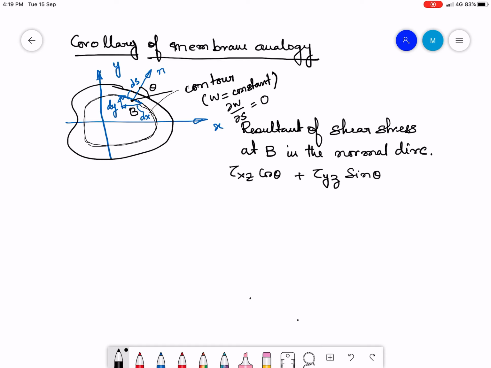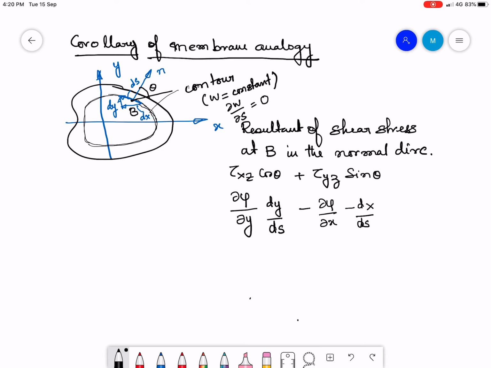So, what is tau x z? Tau x z is del phi by del y. And what is cos theta? Cos theta is going to be dy by ds, right? We can see that, right? So, dy by ds is cos theta, and then tau y z is going to be minus del phi by del x, and sin theta is going to be minus dx by ds.